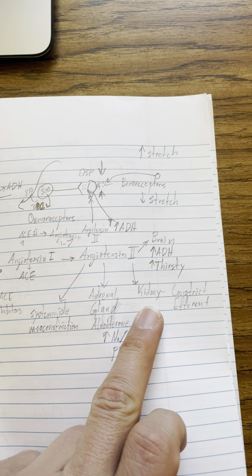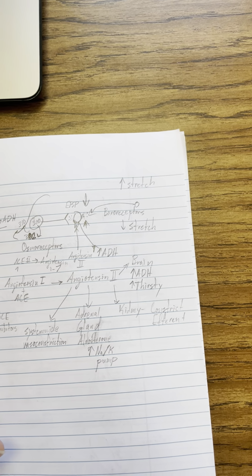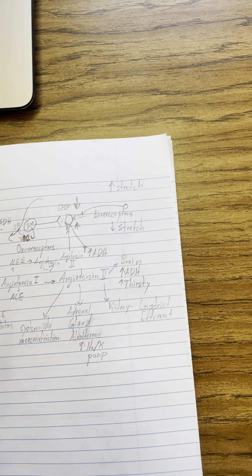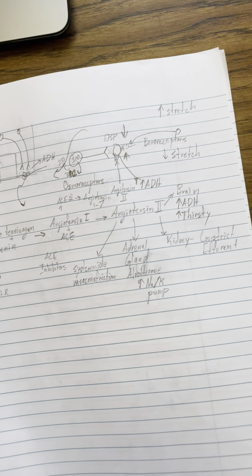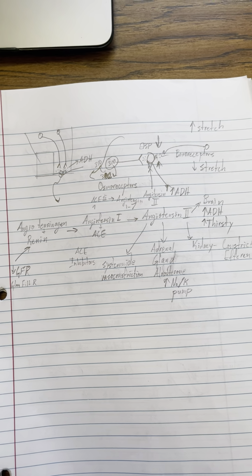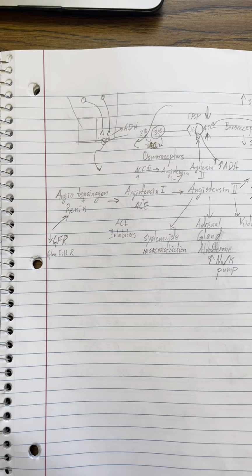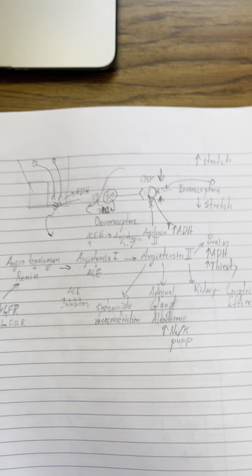Angiotensin 2 will also hit your kidneys, which will constrict your efferent arteriole. And I believe that is essentially a basic summary of the RAAS system, the renin, angiotensin, aldosterone system, and how that all works.